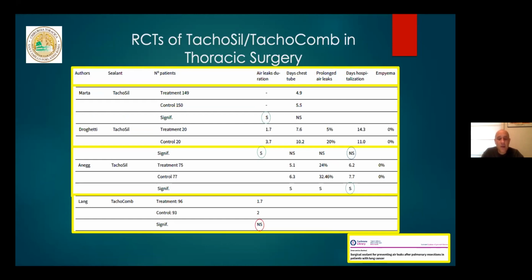Instead, TachoSil, a further development of TachoComb that does not contain any other component than human fibrinogen and human thrombin, was used in 3 studies. 2 trials, Anegg and Droghetti, have found differences in duration of hospitalization. The difference in mean hospitalization days did not achieve statistical significance in Droghetti's trial. However, it was shorter in the treatment group than in the control group.